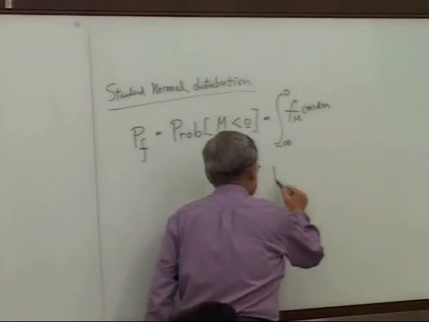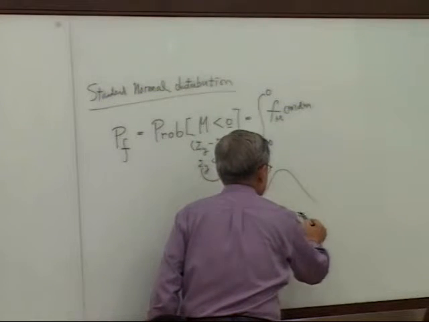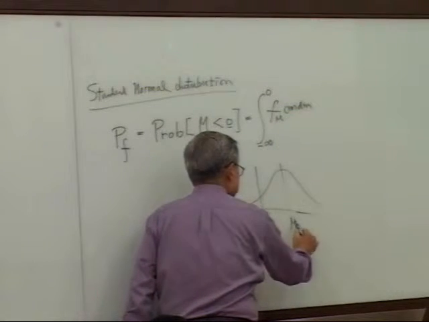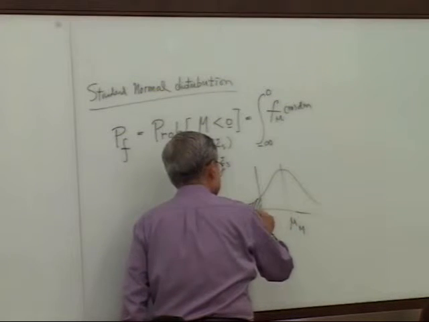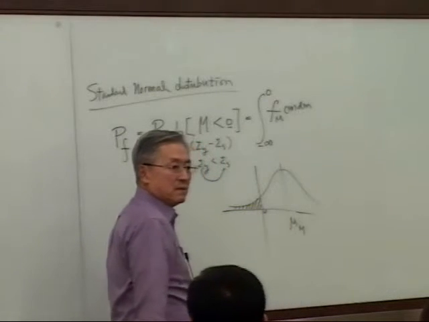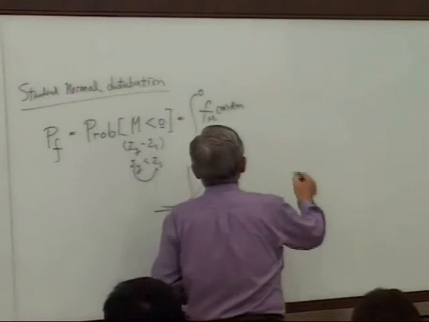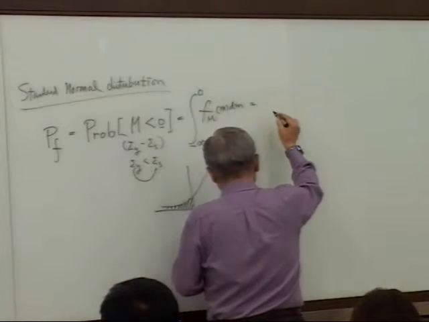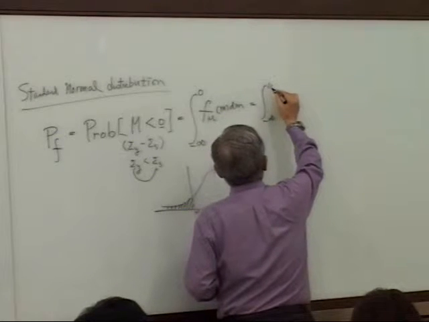For the probability function, if it's like this, with mu m up to here, this is nothing but the area up to 0. Then this is equal to minus infinity to 0.